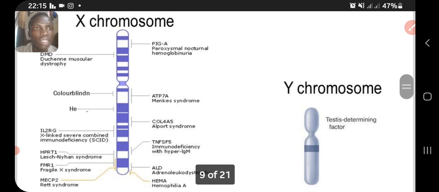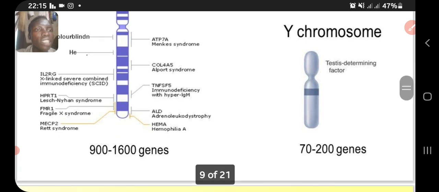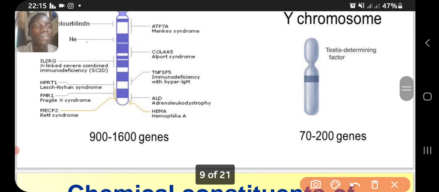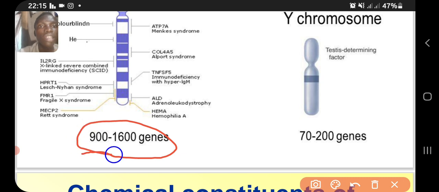You need to understand these things. So we have the Y chromosome, which is right there. The Y chromosome has from 70 to 200 genes, while the X chromosome has from 900 to 1600 genes.